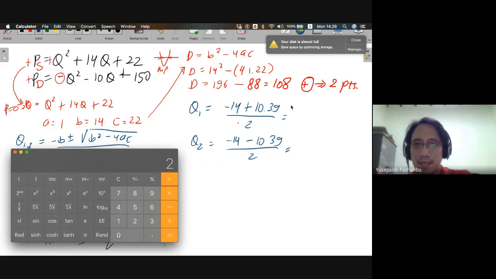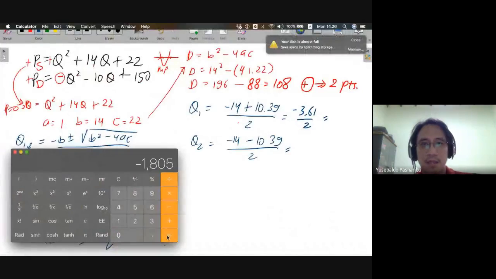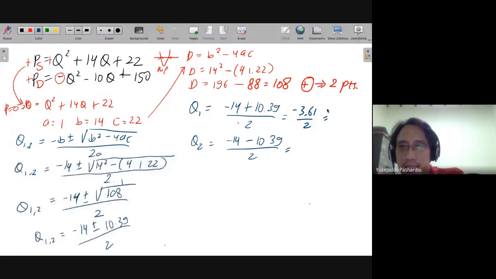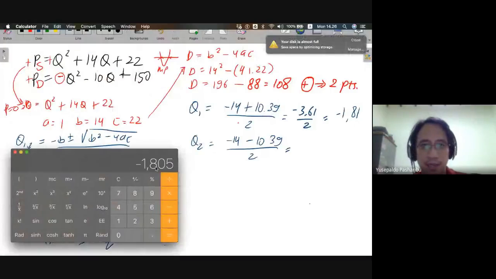That's the middle, just 3.61 divided by 2 equals minus 1.81. Use 2 numbers after the comma because this is 5, so it will be rounded up.